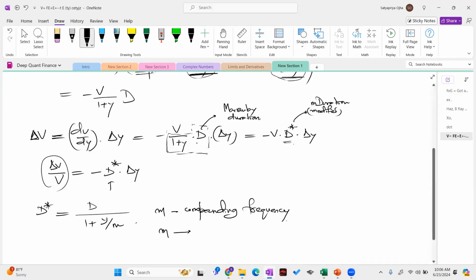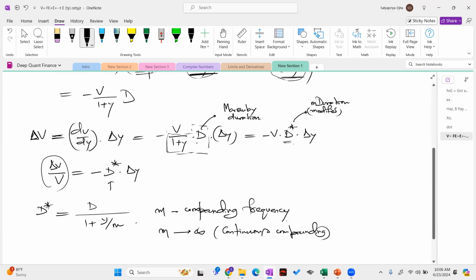One interesting thing, if this stuff happens, this indirectly means what? If you're compounding infinite times per year, what does that mean? It's not daily. No, no, no. Practically you'll do a daily calculation, but this is continuous compounding. Continuous compounding is much, much faster than daily, unimaginably faster, okay?